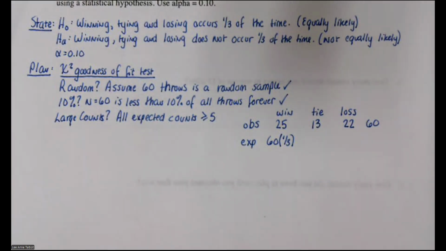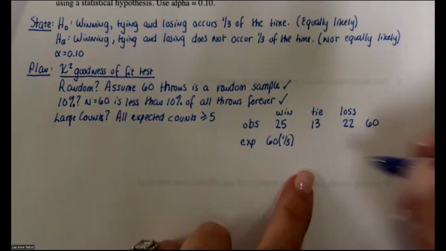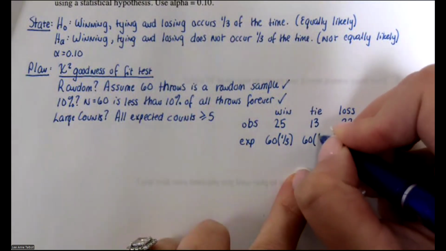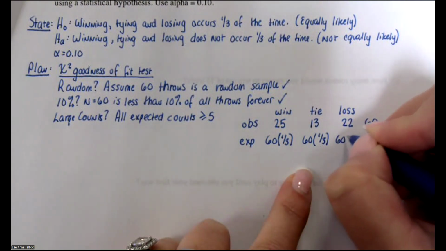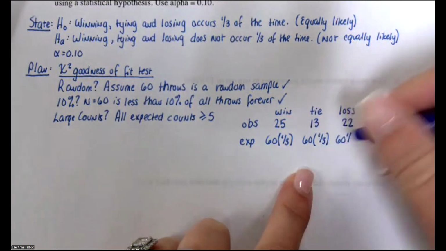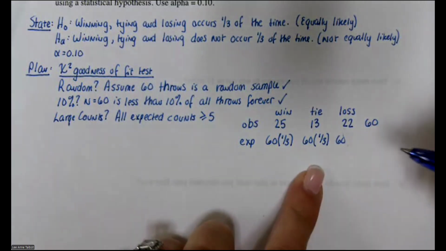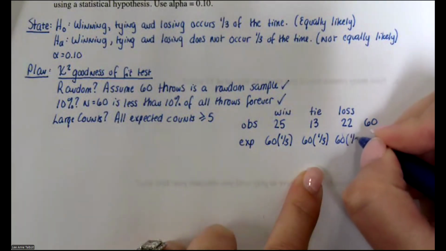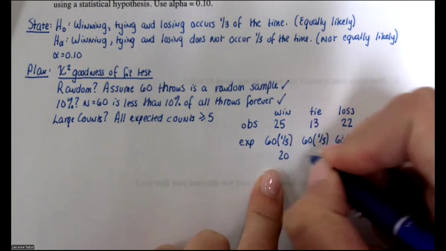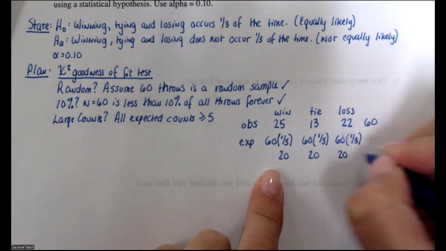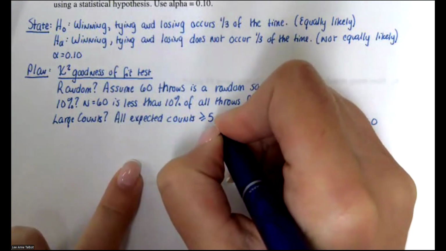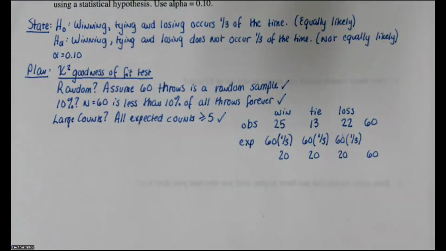Or you could just be reasonable and put 20, 20, 20. I wrote 60 and 1/3. 60 and 1/3 is very different from 60 times 1/3. Now I could go back and put my check mark because they're all greater than or equal to 5.